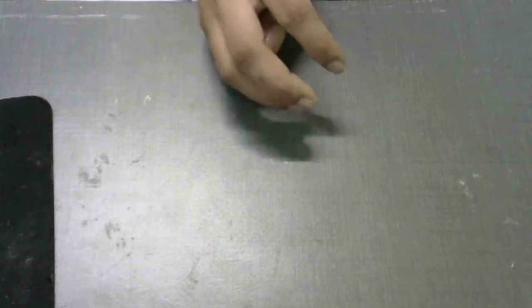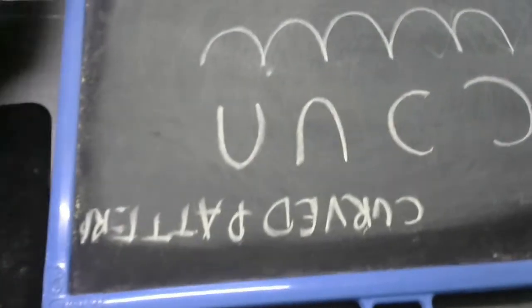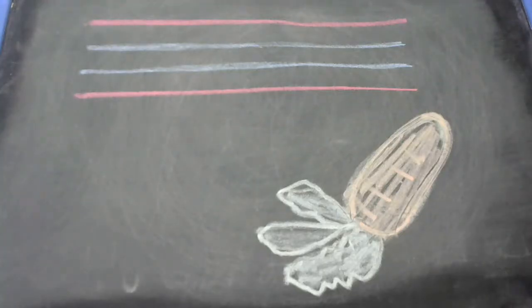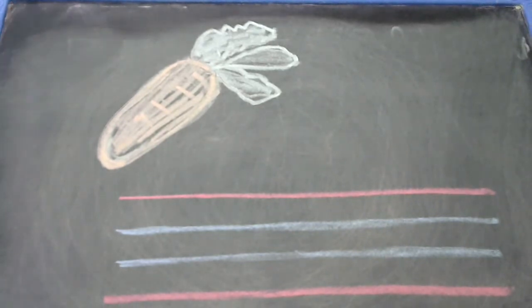Okay. So children, first of all, today we are going to learn a letter. What is this? Yes, it is a carrot.